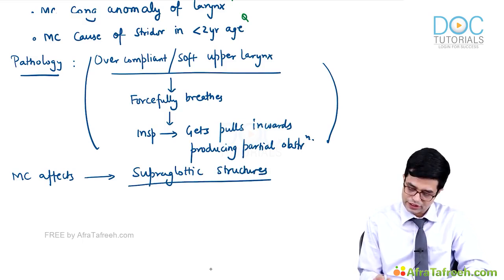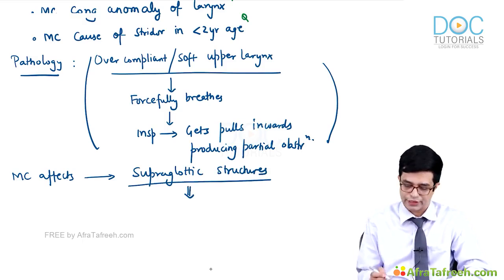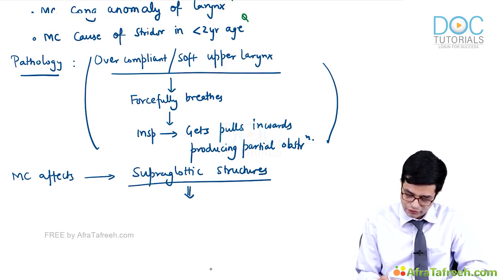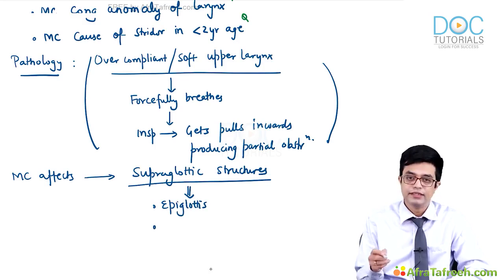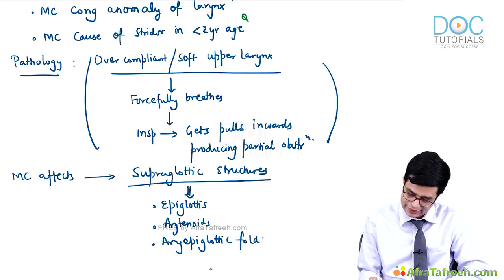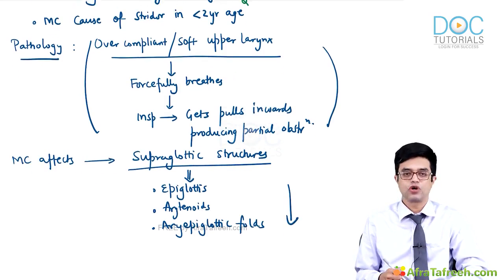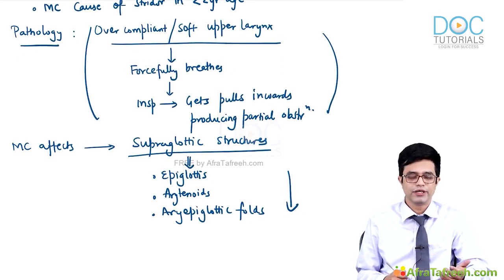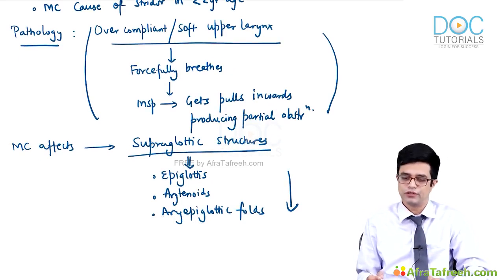In supraglottic structures, which particular parts are mostly affected? In decreasing order, I am writing, it mostly affects the epiglottis, then the arytenoids, and then the aryepiglottic folds. So in decreasing order, these are the 3 structures commonly involved. It is very rare for laryngomalacia to involve the subglottic region.